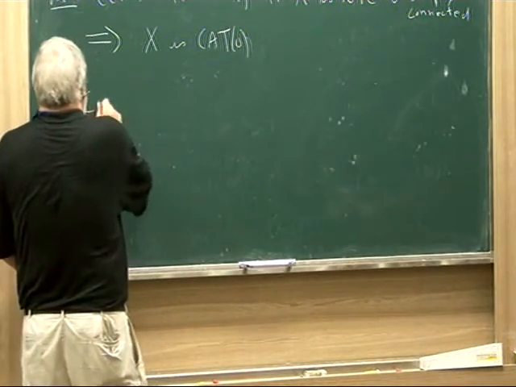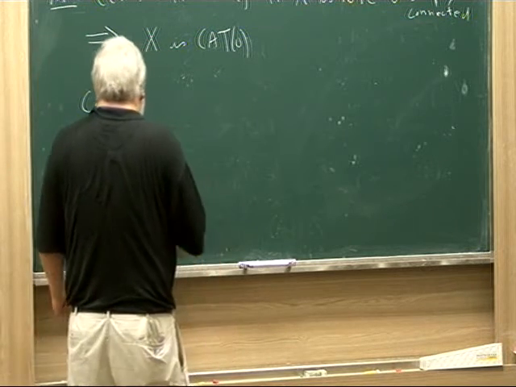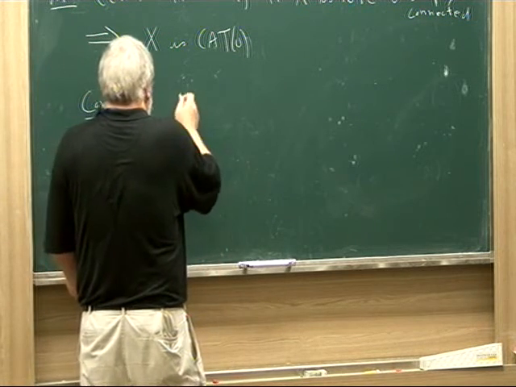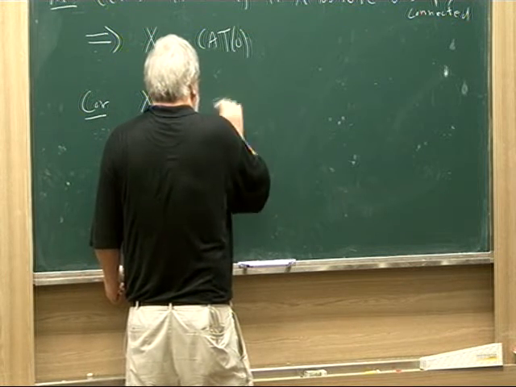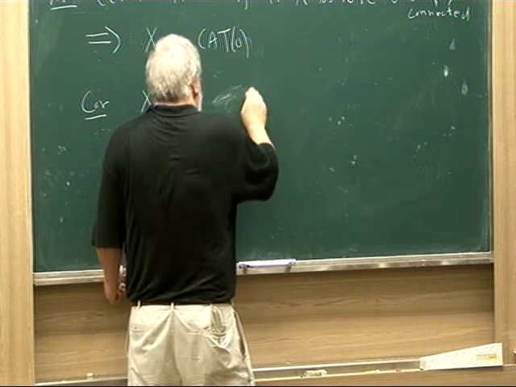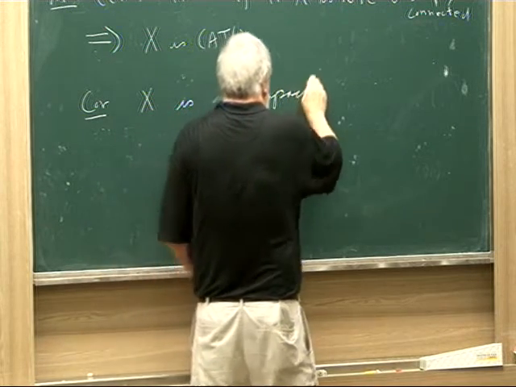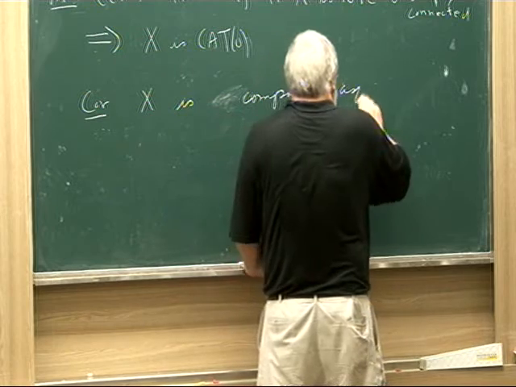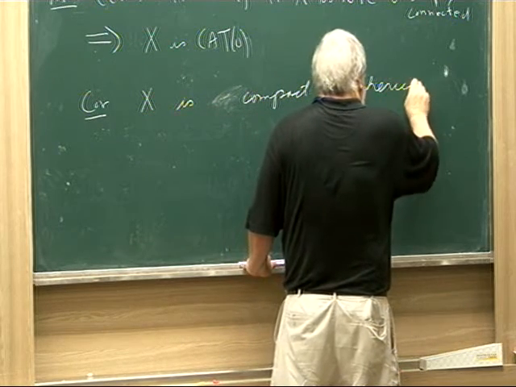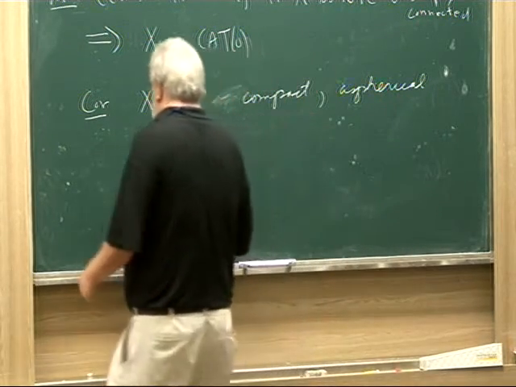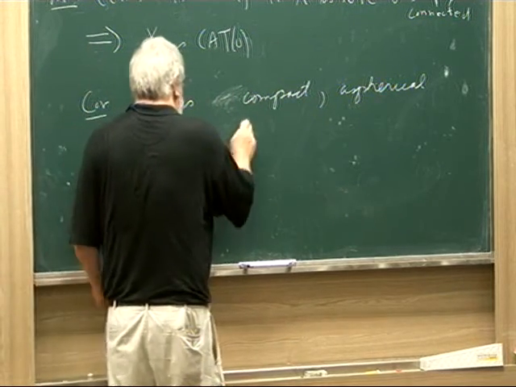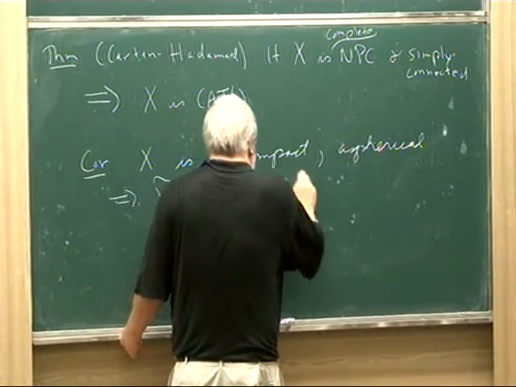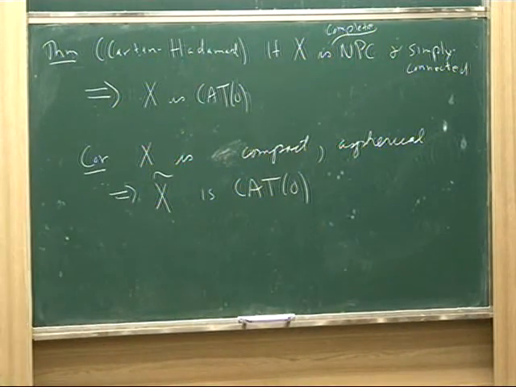And so the corollary of this is that if X is a compact, which would be enough to be complete, and aspherical, meaning it doesn't have any higher homotopy groups, then that implies that its universal cover is CAT(0). So that's the main facts about CAT(0).